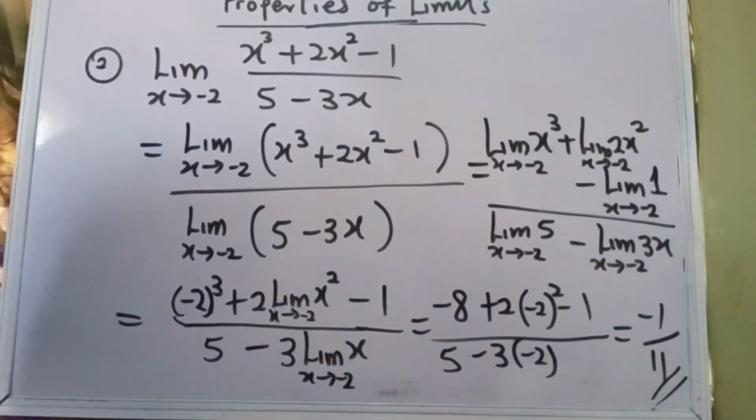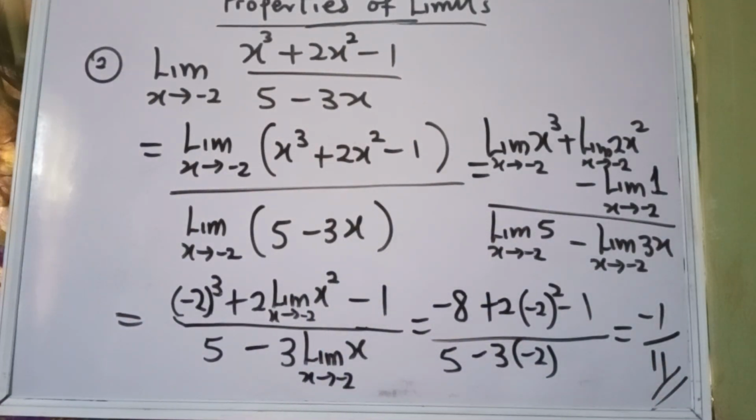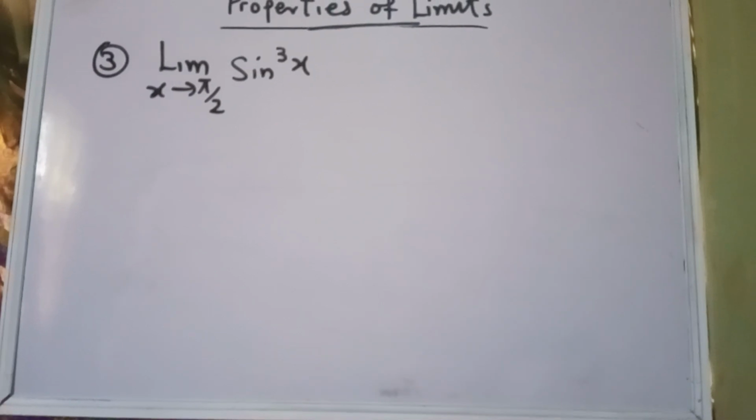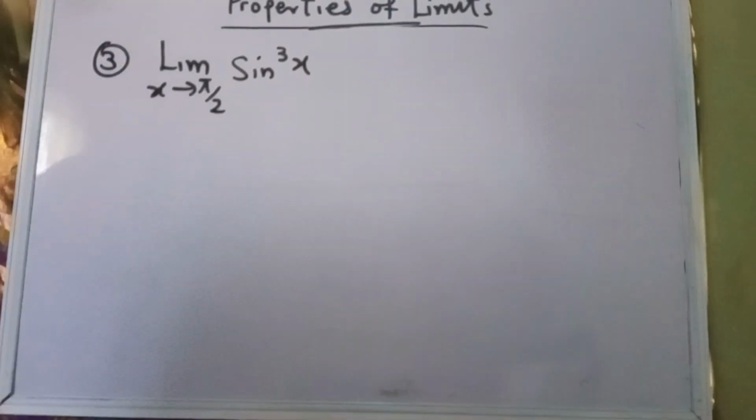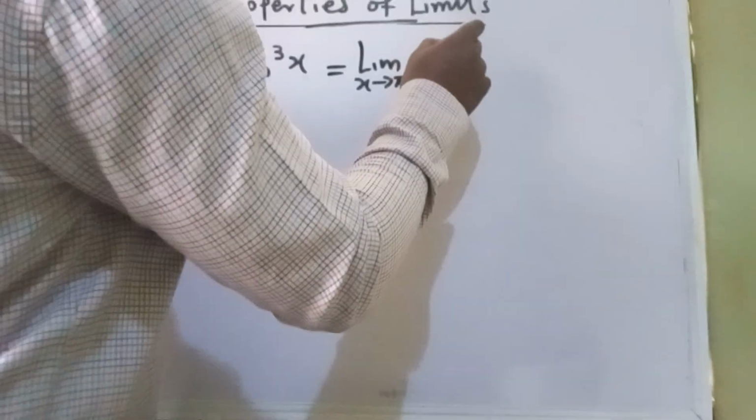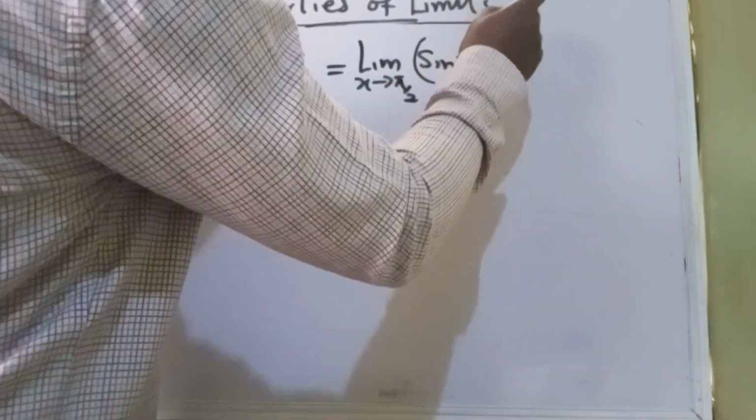So let's go to the third property. For example 3, we apply the law under item 7. So now to apply the law, you see that this sine cube x literally means the limit of sine x all cube.